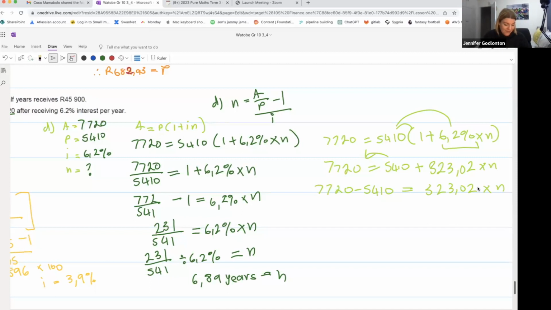So 7720 minus 5,410, so 2,310 is equal to 323.02 times n. And then you would just divide both sides by that value. And so n should give you the same amount if we haven't made a mistake somewhere.